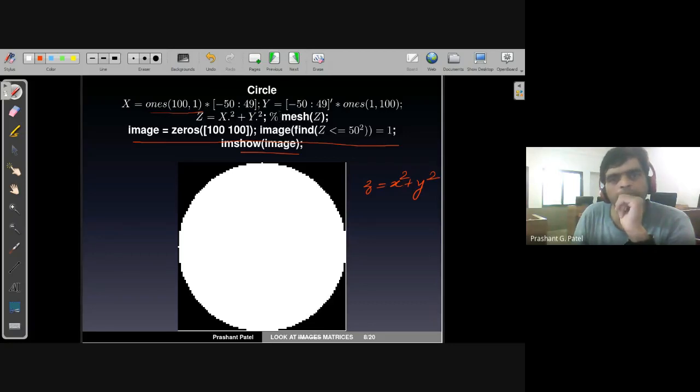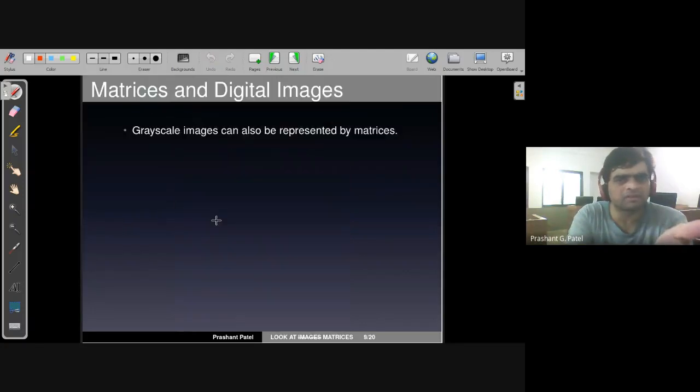Then we make it a mesh and put that into one image, and we find the image where it is equal to 1, and imshow is the MATLAB command to show that matrix as an image. So we can plot a circle using a matrix. In that manner, you can play with this and make certain figures using matrices.